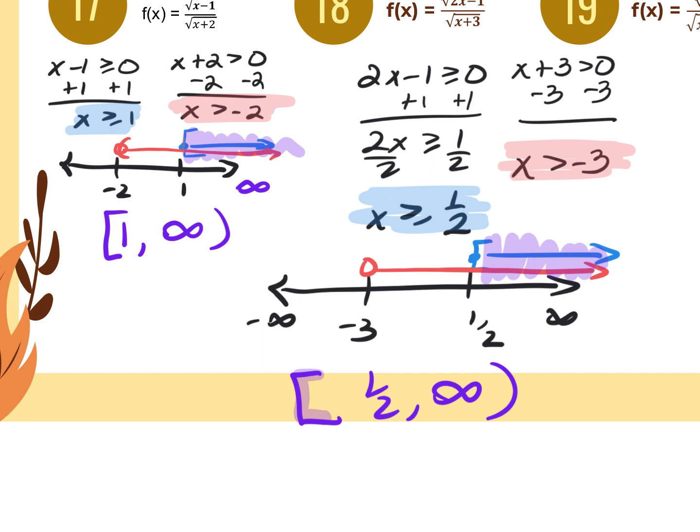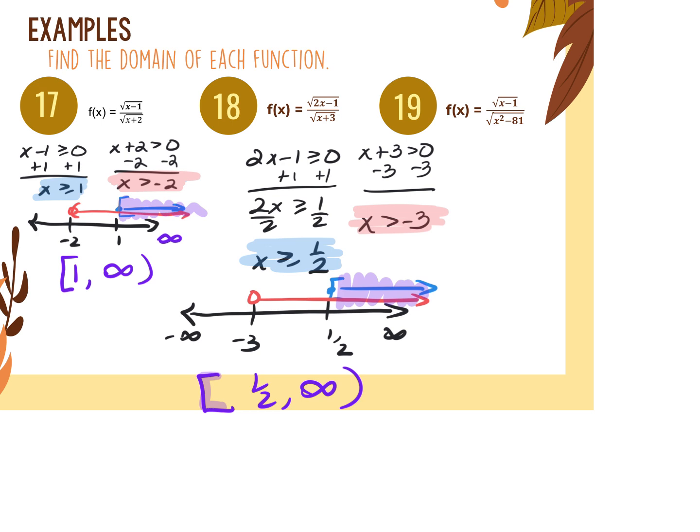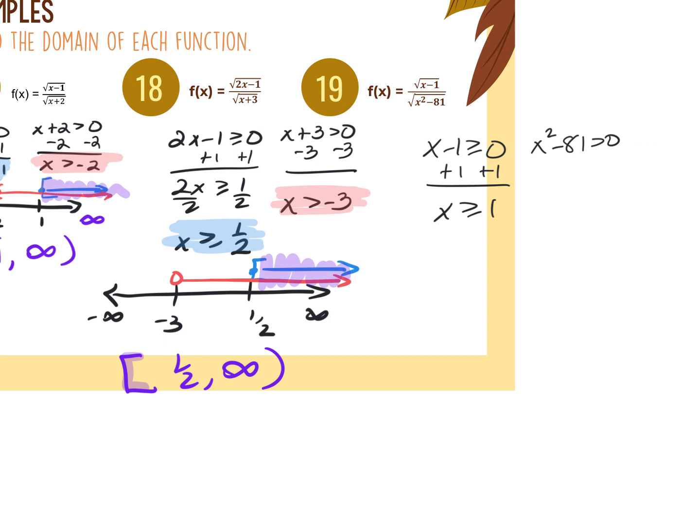Last one. Again, set the numerator greater than or equal to 0. The denominator is only greater than 0. So for the numerator, add 1. For the denominator, you can either do the square root method, or you could also factor it.